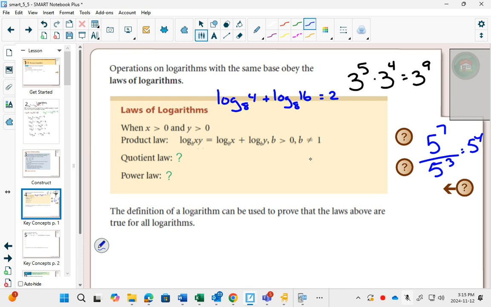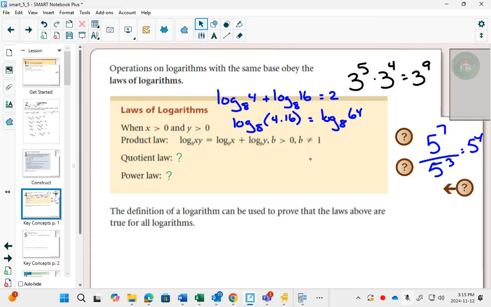I have the right-hand side of this log law. If you have the right-hand side of the log law, you could change it to the left-hand side, just like an identity. If you have one side, you can switch it to the other side. So the log law says that if you're adding logs with the same base, you can rewrite this as multiplying. And if I did 4 times 16, I would get 64. Now does it make sense that 8 to the exponent of 2 would be 64? It's a lot easier to see.